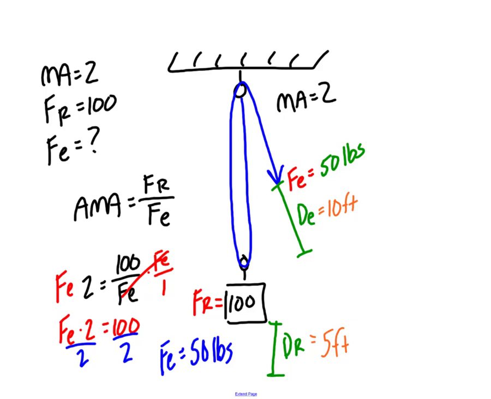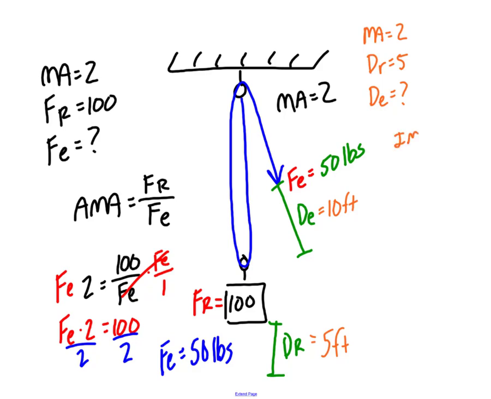You're not sure how we did it? You can go: mechanical advantage equals 2. DR is 5. DE is, we all know. Do we have a formula that has DE, DR, and mechanical advantage in it? IMA, right?